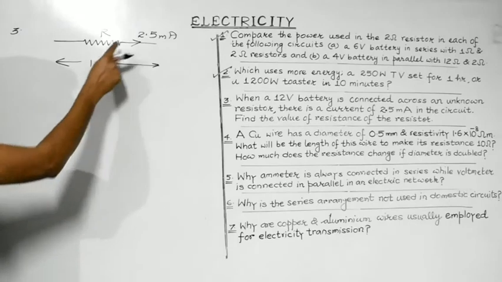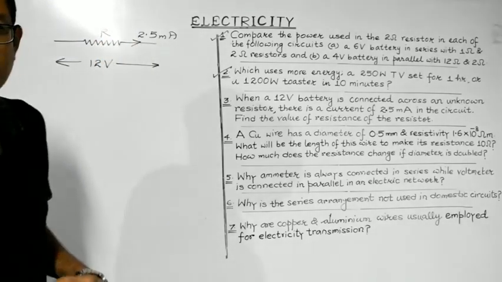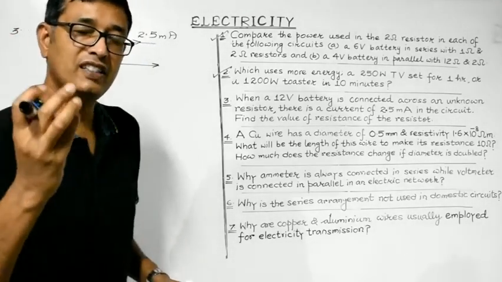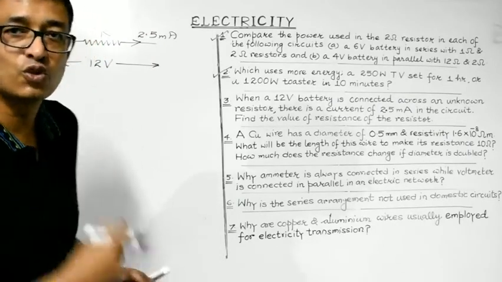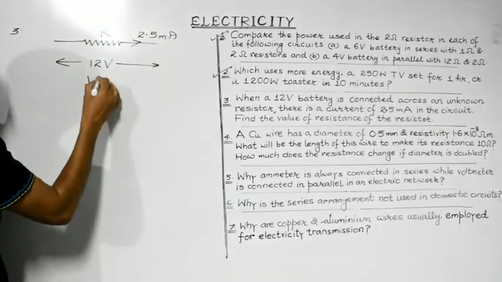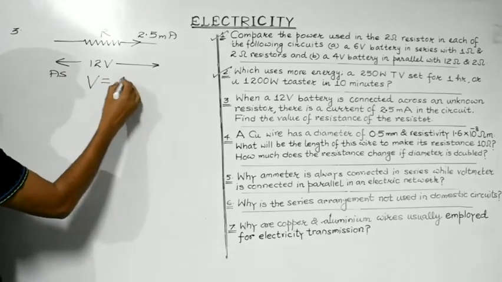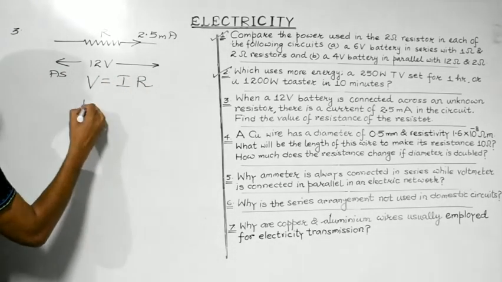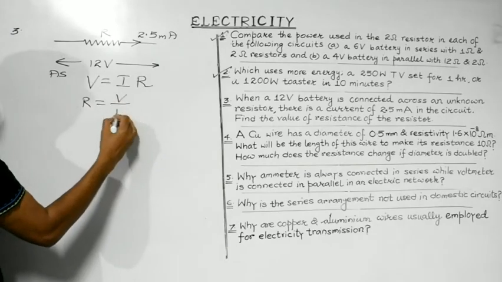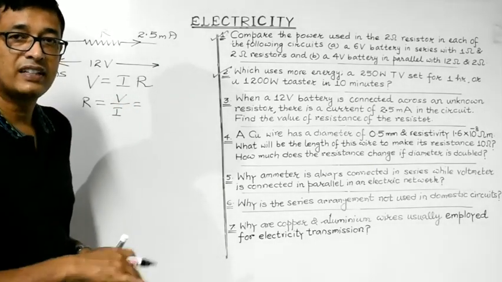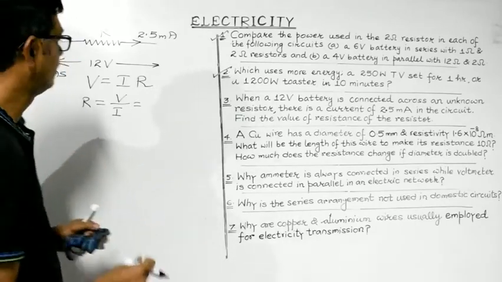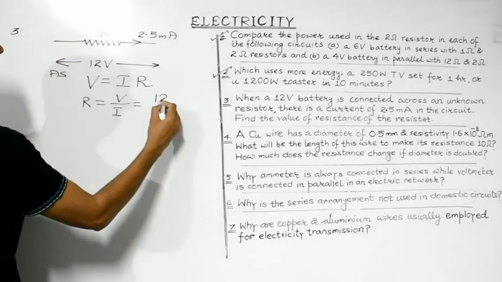So V is given, I is given, R is to be determined. What is the relationship connecting these three physical quantities? Yes, it is V equals IR as per Ohm's law. So as V is equal to IR, therefore R would be equal to V by I. Now convert to SI, so that we get the value of resistance in ohm. Potential difference is 12.